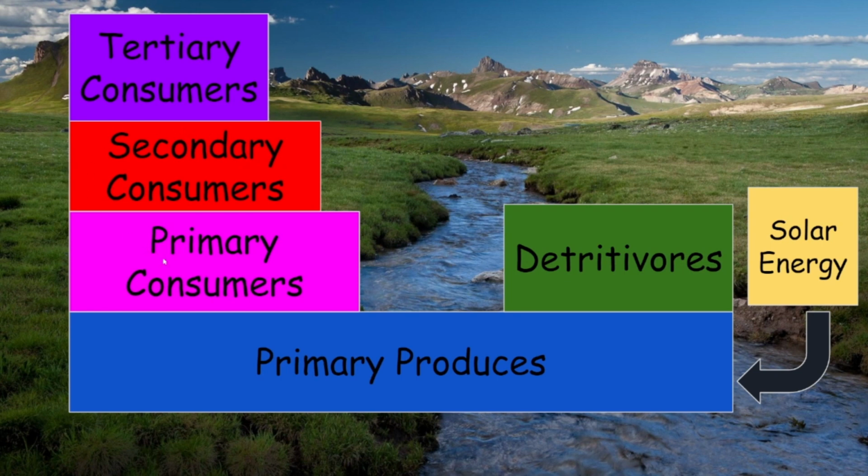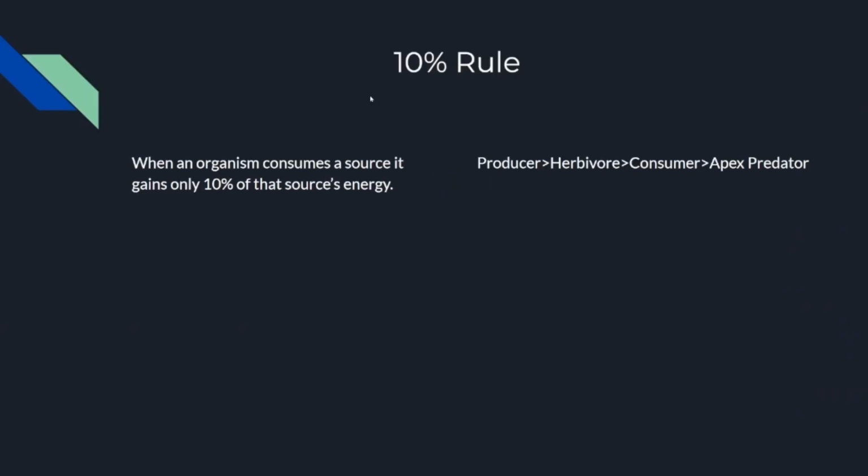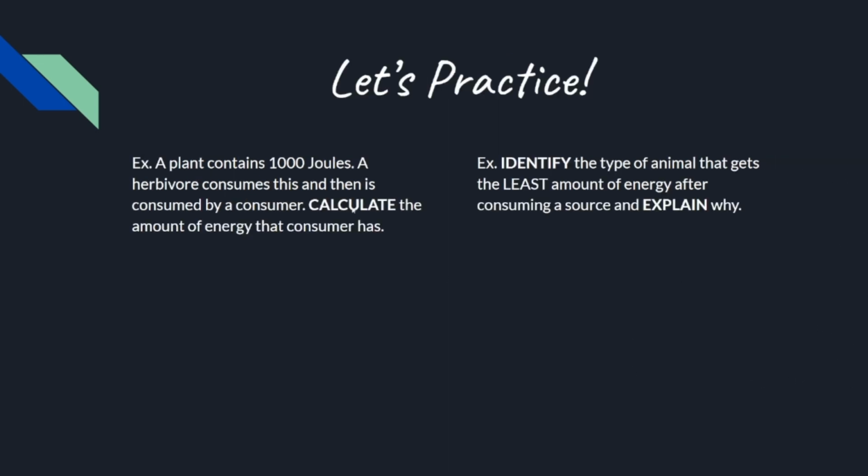Secondary consumers gain 10% of energy from the primary consumers, and tertiary consumers gain 10% of the energy from secondary consumers. And you can see this when an organism consumes a source, it gains only 10% of that energy. So producers have the most energy, then herbivores, then carnivores, and apex predators. And detritivores are almost like to the side.